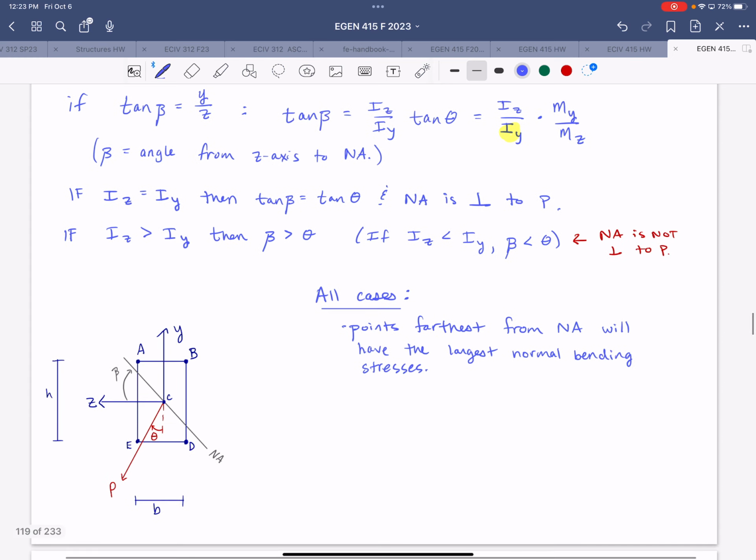So for this example, the largest compressive stress would be at the point in the cross-section that is on the compression side of the neutral axis, which is the lower left side. So that would be point E. And then point B would be the location of the largest tensile stress, right?